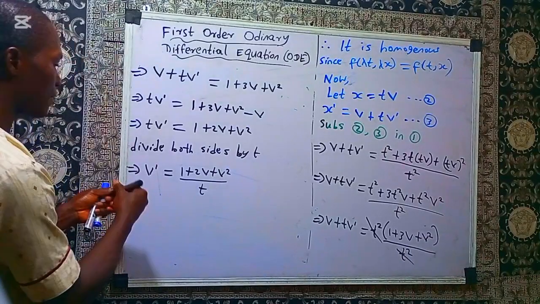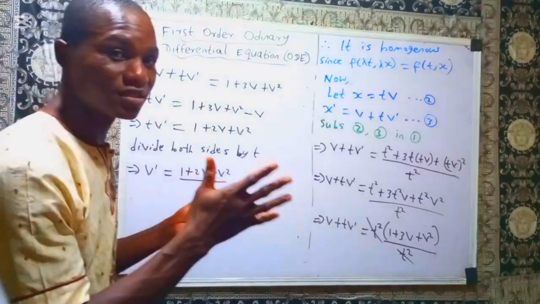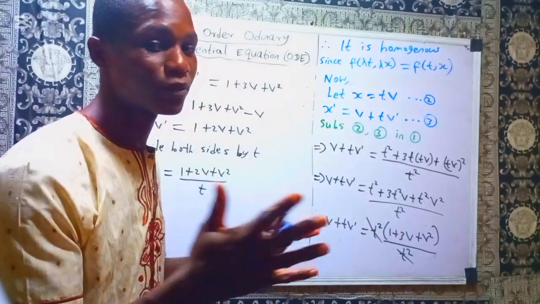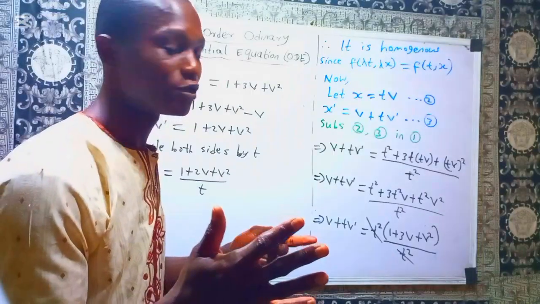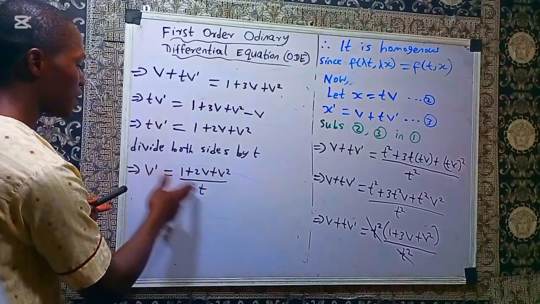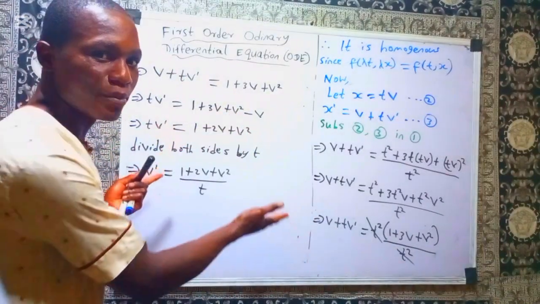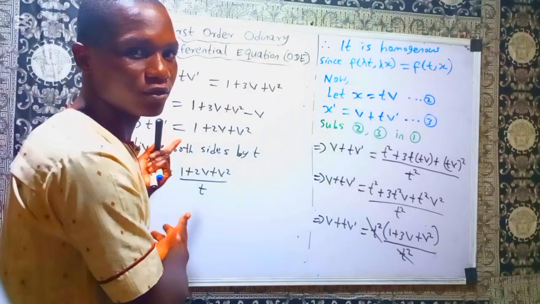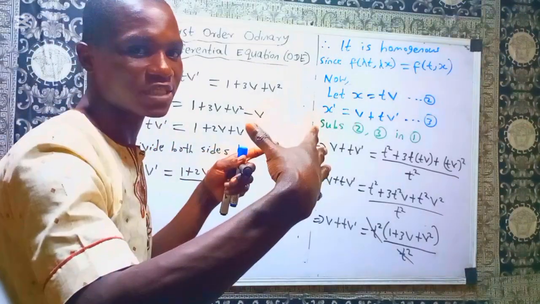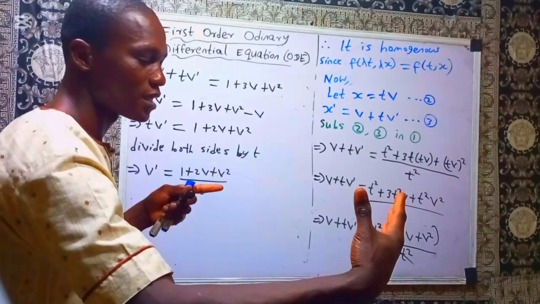Now with the separable method, you are going to separate the two variables. So you are going to separate v and t. You can move v to the left hand side and leave all the expression of t at the right hand side, right?